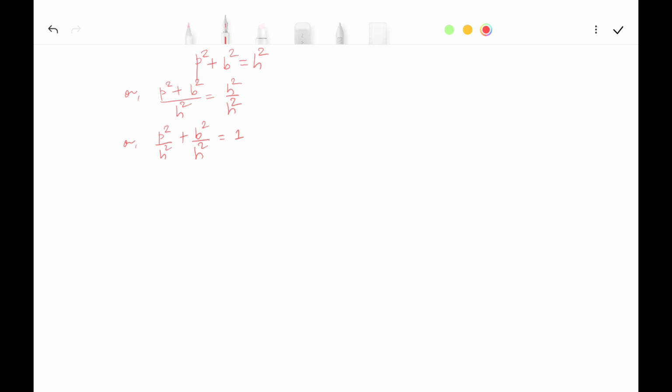This is 1. We know that in basic algebra, in rational expressions, we have studied that a plus b by c, we can write as a by c plus b by c. Simply the same thing has been done here. Now this p square by h square is p by h whole square. Why?